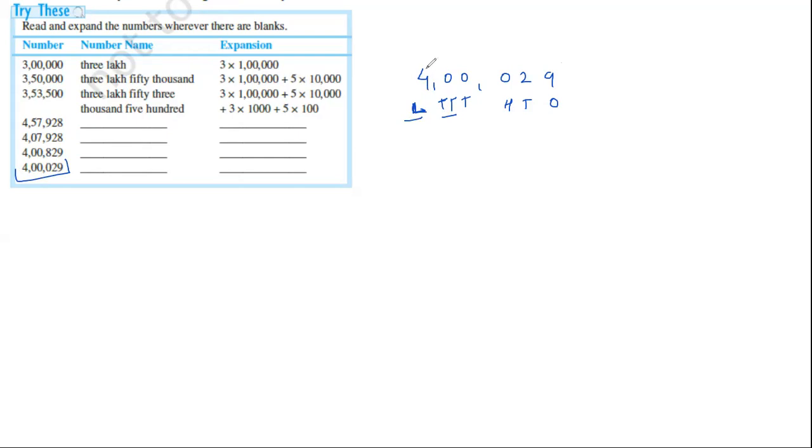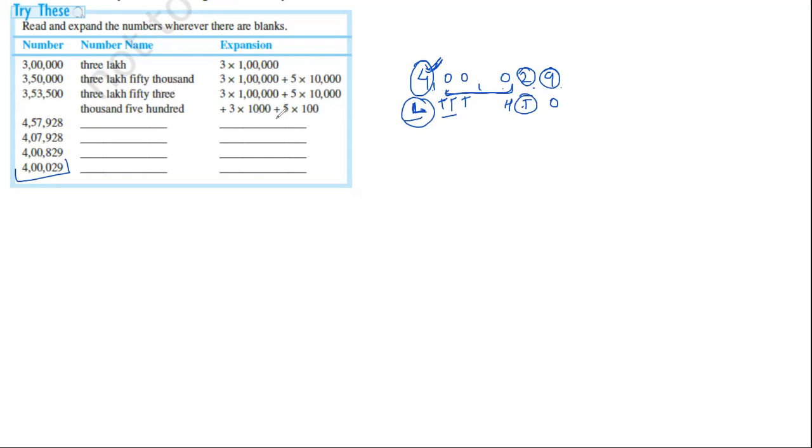First of all, how will I read it? Okay, so let's read it first. Because the 4 is coming on the lakh place, I'll count it like this: 4 lakh. As 0s are coming, let's not count. 4 lakh 20, 10's place 29. 4 lakh and 29 rupees.